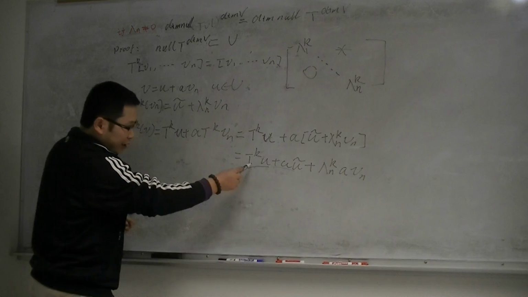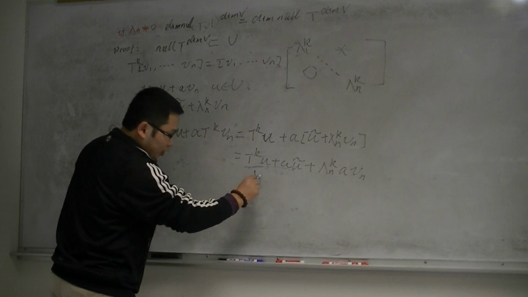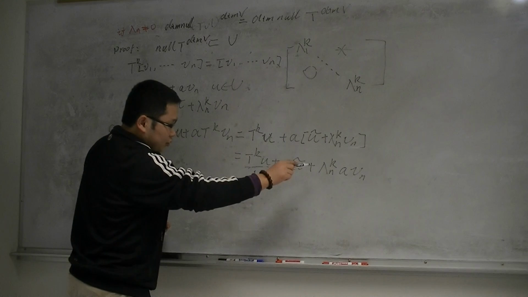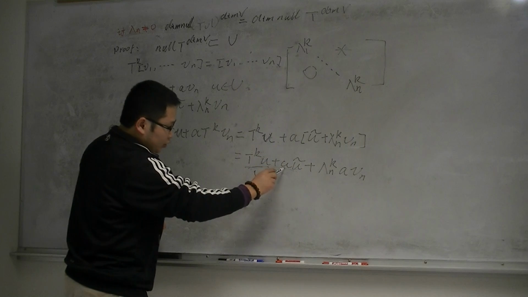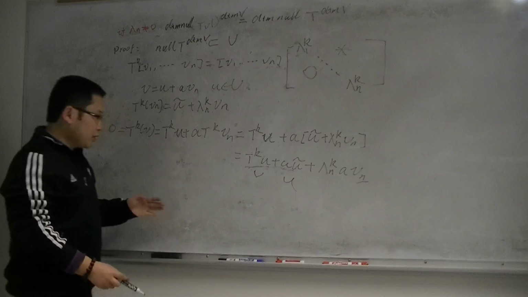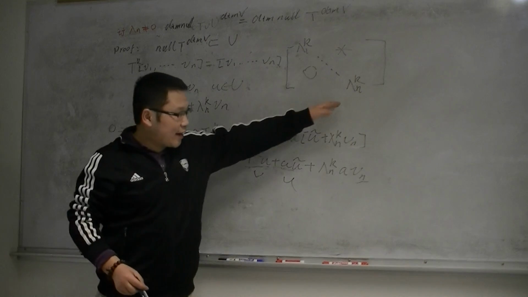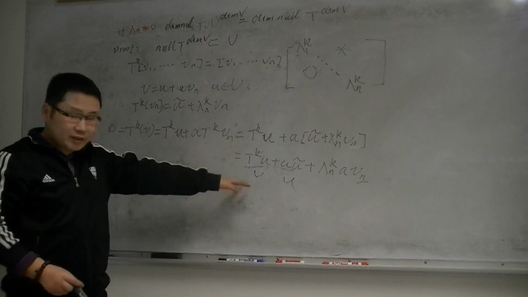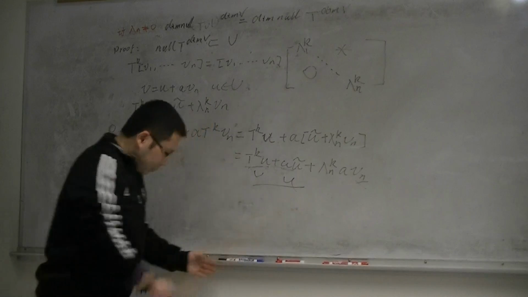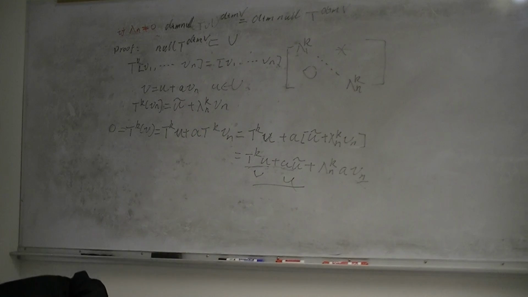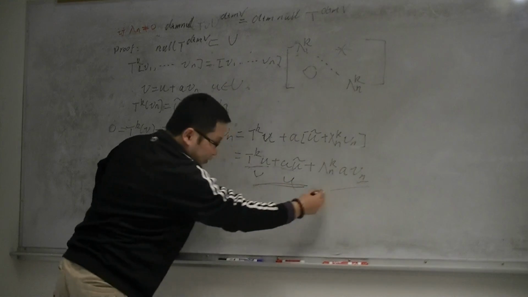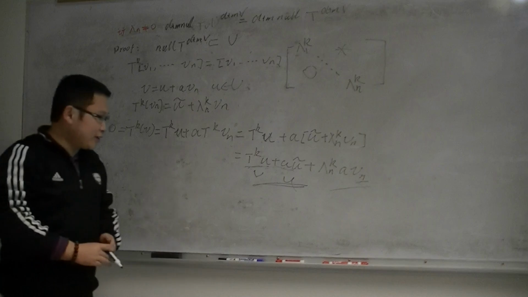Because U is invariant under T, this also belongs to U. And this belongs to V, from different scalars too. So if this equals 0, this must be 0, and this must be 0, because they are independent.